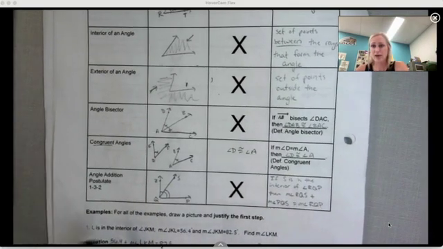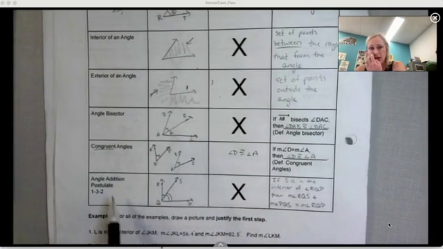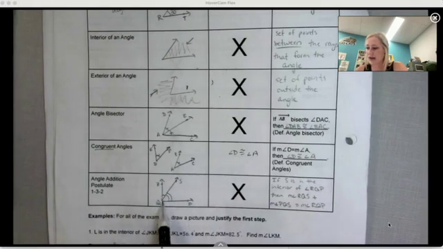Okay, lastly, angle addition postulate. Okay, so here I have 2 angles. Notice the markings are not the same, so they're not congruent. And I have this angle.